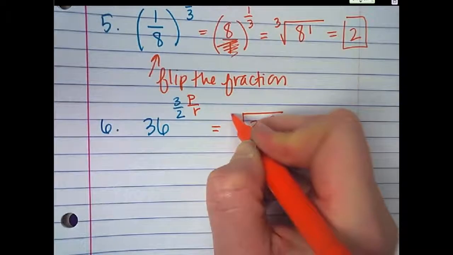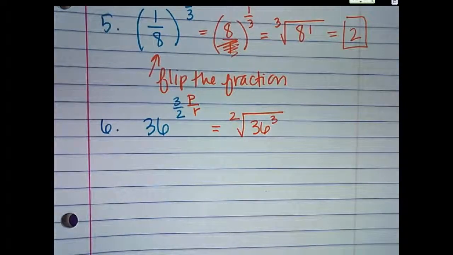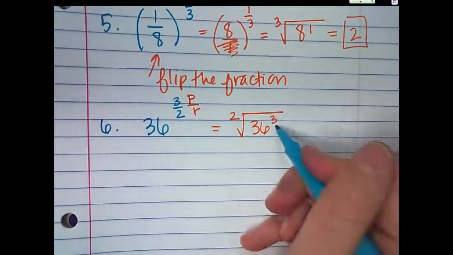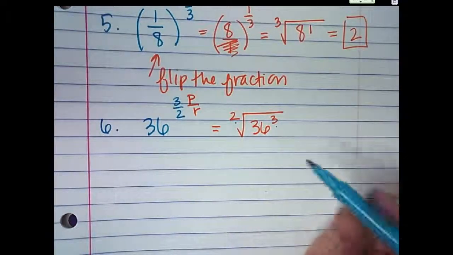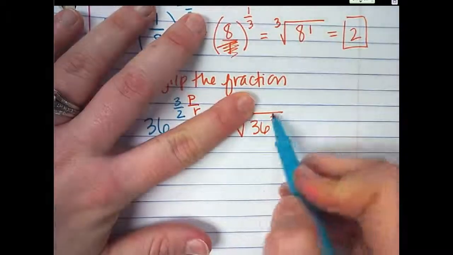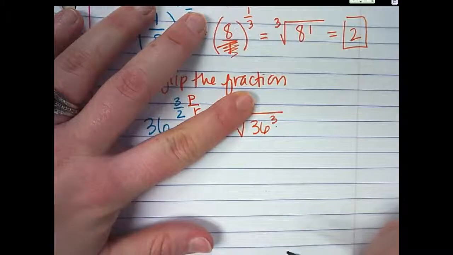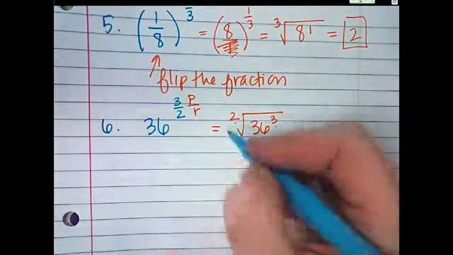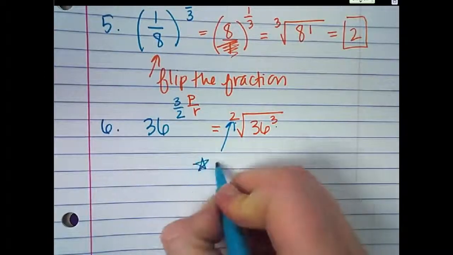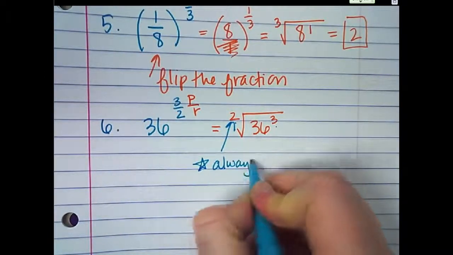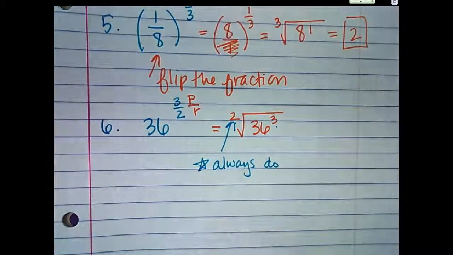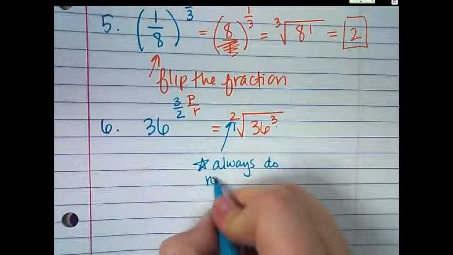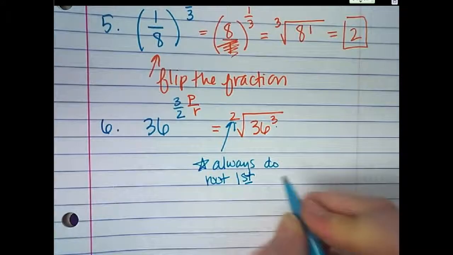And my root? 2. Technically you can do either of these numbers first. But if you ignore that for a second, what's 36 to the 3rd? It's some big number. I have no idea what it is. So do the root first. Always do the root first. So you'll do square root of 36, which is 6. Always do the root first, because that makes it a smaller number.